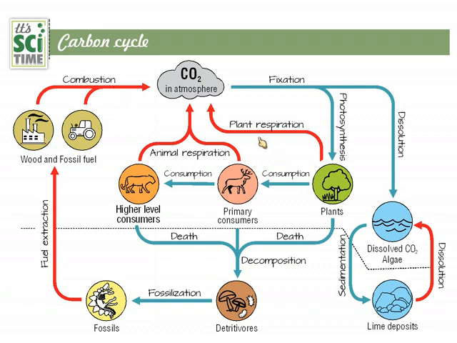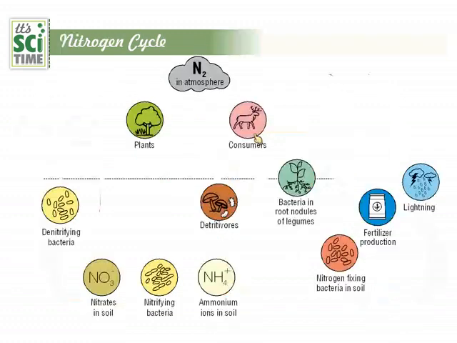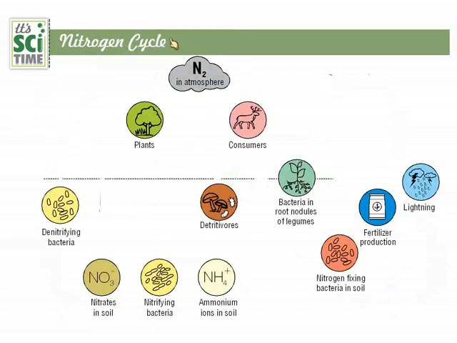And the nitrogen cycle will be a little bit strange to us because the processes of the nitrogen cycle are somewhat complicated. Nitrogen exists as a pure gas in the atmosphere, but the problem is that plants or animals can't absorb nitrogen directly from the atmosphere.